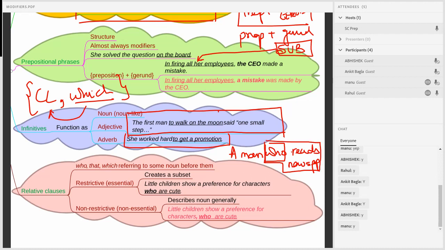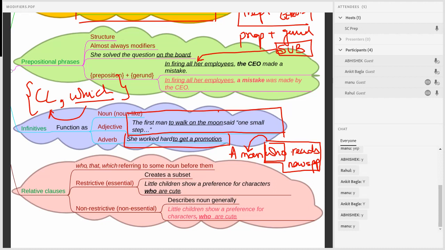This entire structure, these three words, who reads newspapers, describes the noun before it, the man. So it helps us understand which man we're talking about. That's what we mean by a relative clause. A relative clause describes some noun before it.